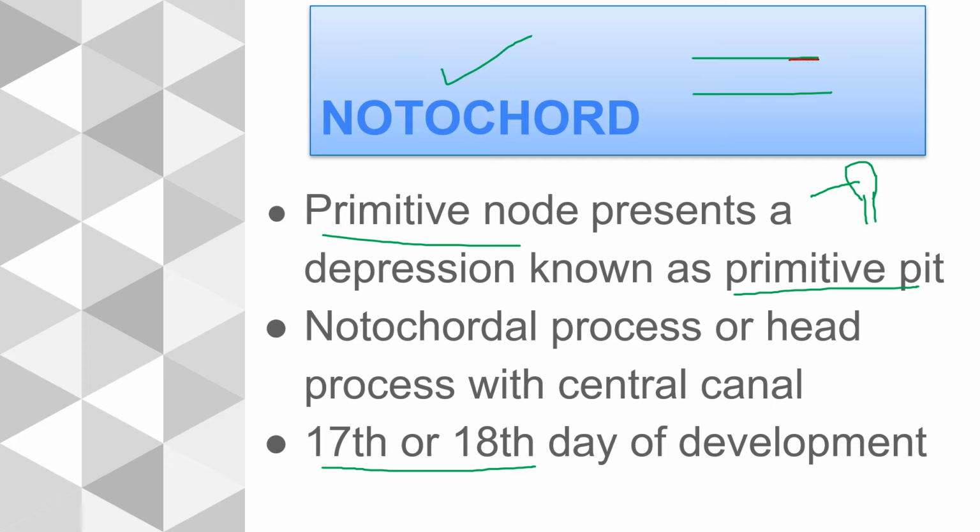So here is the primitive streak and this is the primitive pit. This primitive pit grows like this, and that process is called the notochordal process or head process, which contains the central canal. That is the beginning of the formation of the notochord.